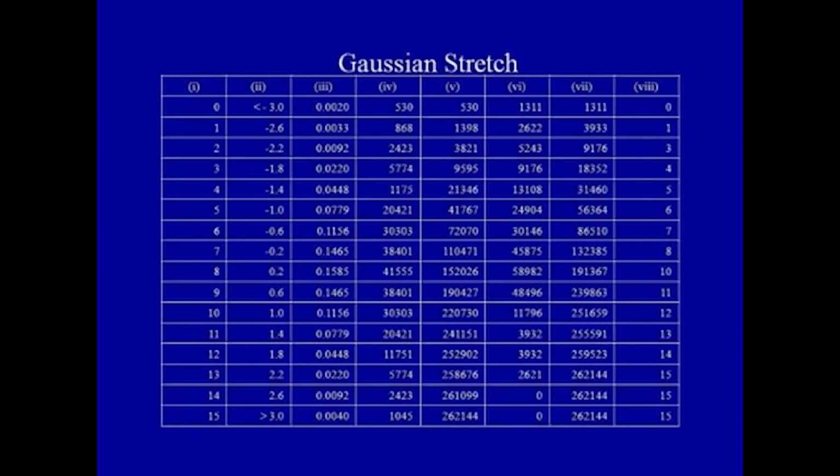Then we look at the next cumulative frequency at brightness level 1, and this particular value is exceeded at brightness level 2. So, it is now assigned a value of 1 in the new histogram.